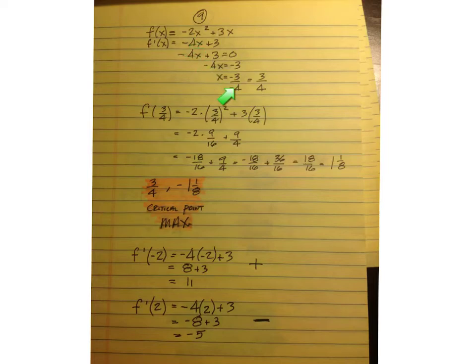Set the derivative equal to 0. You get a 3/4. Plug it in, and you come back with 1 1/8. Find values on either side of 3/4, and you get a -2 and a 2. So that's plus minus. This should be a maximum point.